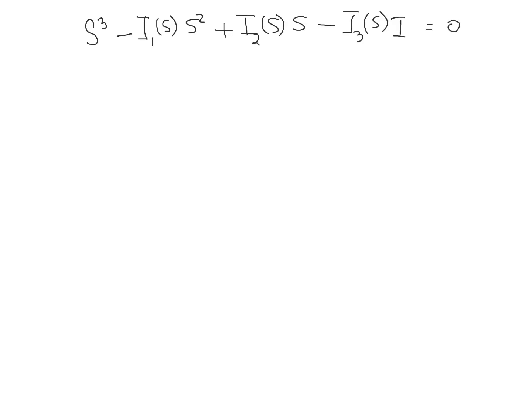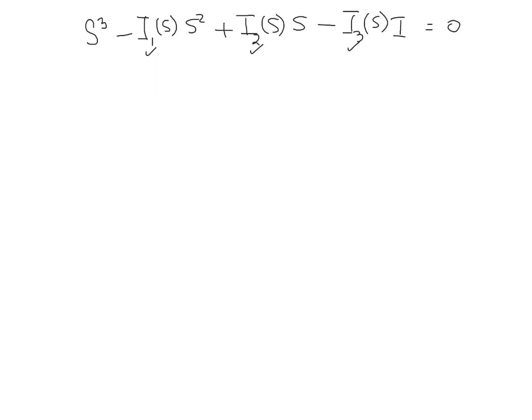Please, everybody note that this I1, I2, I3 is not the identity tensor. They are invariants. The first invariant is the trace of the tensor. The second invariant is the cofactor of the trace of the tensor. And the third invariant is the determinant of the tensor.